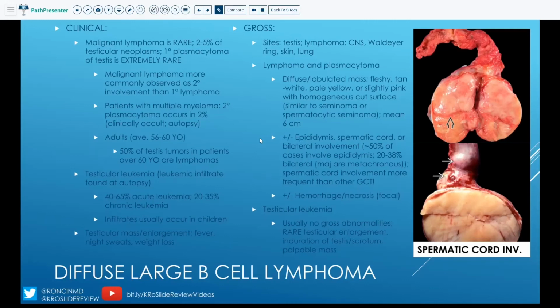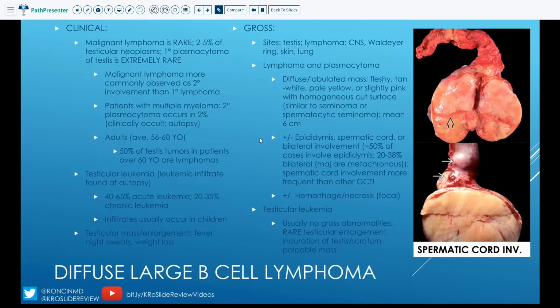Testicular leukemia is often found via leukemic infiltrate at autopsy, and 40 to 65% of acute leukemias will have an associated leukemic infiltrate at autopsy, as well as 20 to 35% of chronic leukemias. These infiltrates are far more common in children.